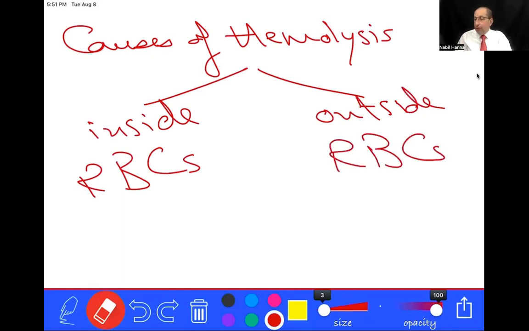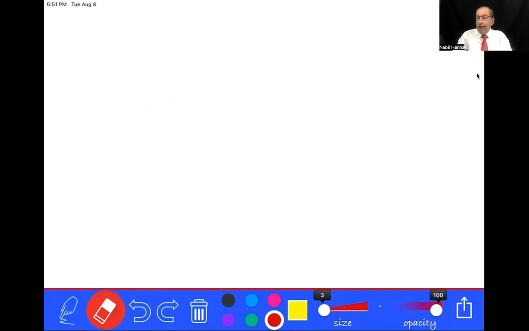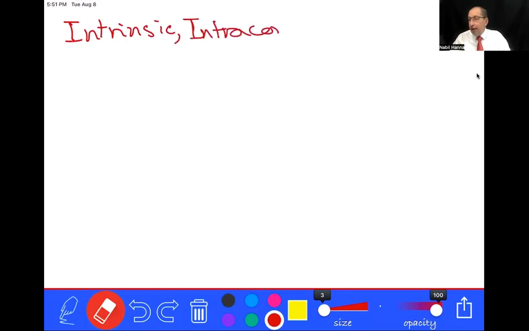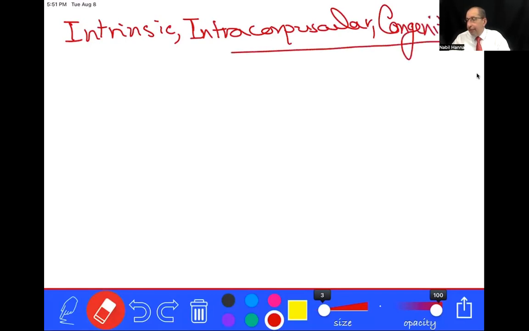Let me start first with the intrinsic causes of hemolysis, or intracorpuscular causes of hemolysis. And these causes are congenital. So intrinsic, aka intracorpuscular, aka congenital.